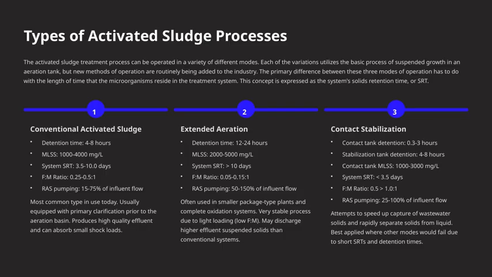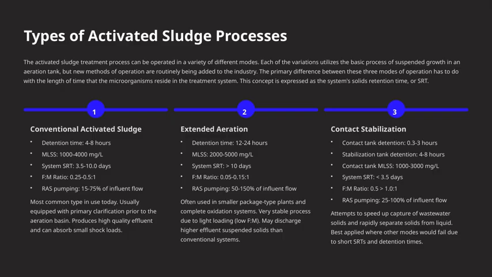Let's take a closer look at the different types of activated sludge processes. First, the conventional activated sludge is the most common method used today. It typically involves a detention time of about 4 to 8 hours, with mixed liquor suspended solids, or MLSS, ranging from 1,000 to 4,000 milligrams per liter. The system's solids retention time, or SRT, usually falls between 3.5 and 10 days.